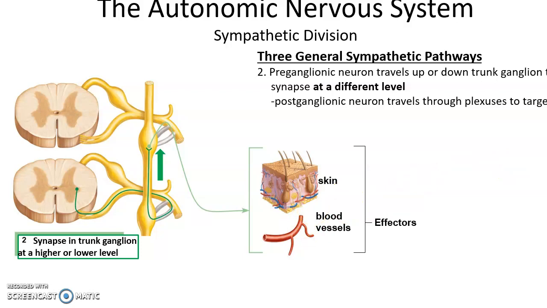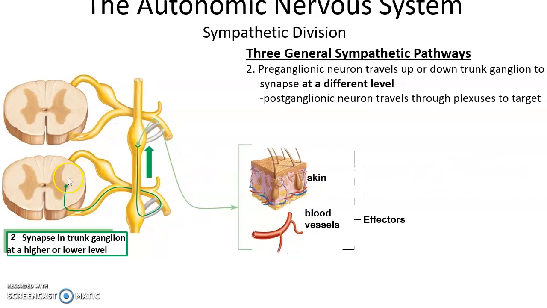So the second route that is possible is the preganglionic motor neuron of the sympathetic division enters the sympathetic trunk ganglion, travels up or down to a new level, synapses with a postganglionic motor neuron, and then goes to the targets.